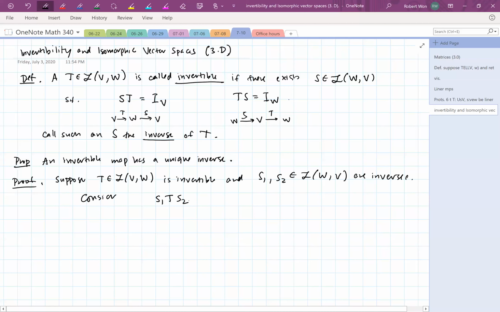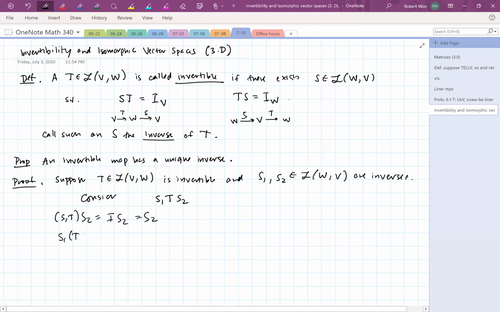If you consider this map, well, function composition is associative, so you can associate it in either way. If you associate it one way, you combine the S1 and the T to get the identity, and you'll get S2. If you associate the other way, you combine T and S2, you'll get the identity, so you'll be left with S1. Right, then if you associate like this, this is the identity times S2, which is just S2.